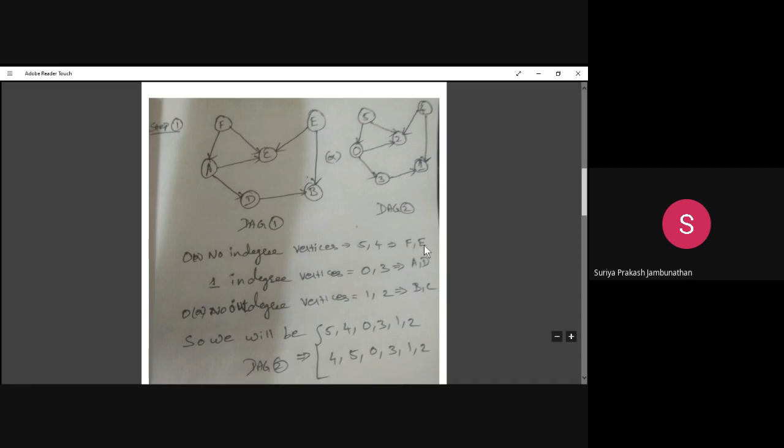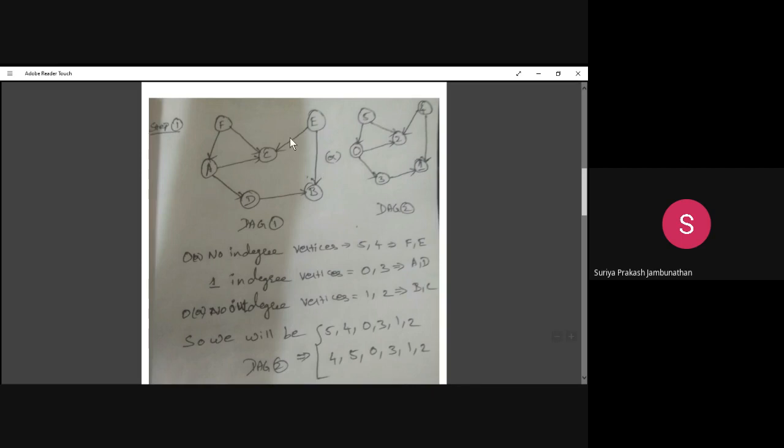Okay. So next one, 1 degree vertices. 1 degree vertices, what we can tell, which and all nodes having 1 degree, meaning the particular vertices that will go towards the particular node, but there is only 1 degree. So how many nodes having 1 degree?